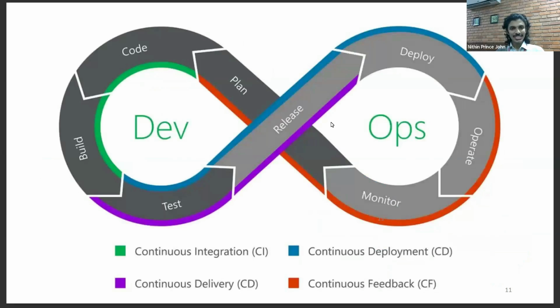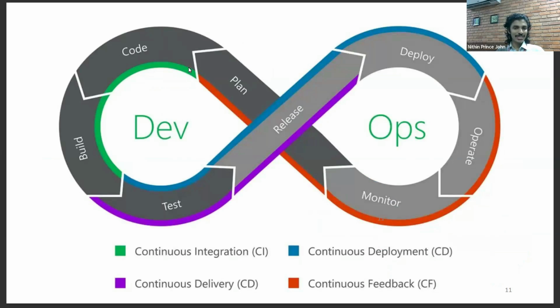So when we look at this particular picture, we can see continuous integration, continuous deployment, continuous delivery, and also continuous feedback. In this figure, continuous integration starts with the coding phase. You can see this green color, right? This green color starts with the coding phase.